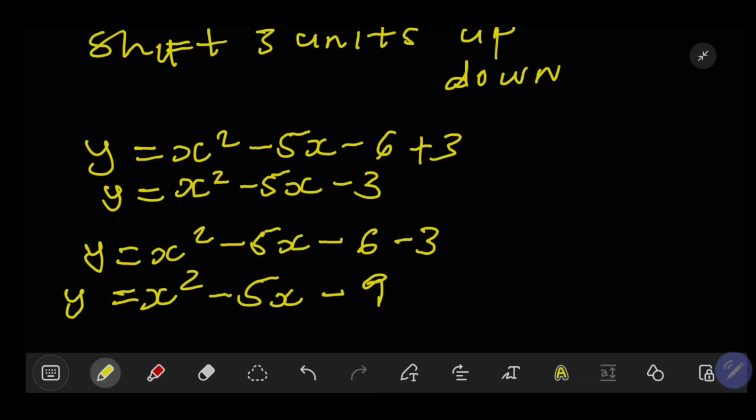So you can see how it's different from the horizontal shifting. So this is basically the effect of A, B, and C from that equation of the parabola. I hope it makes sense, and we can move to the second way in which they can give you a parabola.